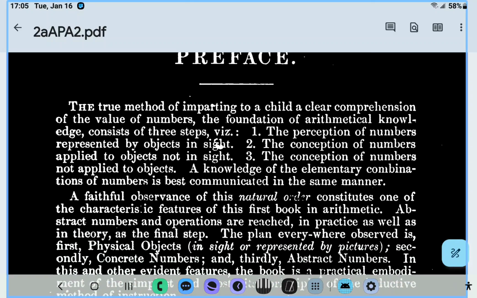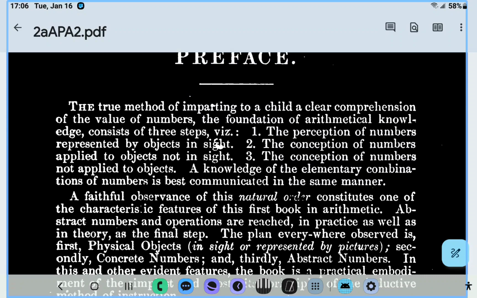Preface. The true method of imparting to a child a clear comprehension of the value of numbers, the foundation of arithmetical knowledge, consists of 3 steps, viz. 1. The perception of numbers represented by objects in sight. 2. The conception of numbers applied to objects not in sight. 3. The conception of numbers not applied to objects. A knowledge of the elementary combinations of numbers is best communicated in the same manner.